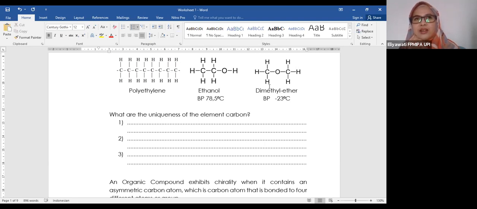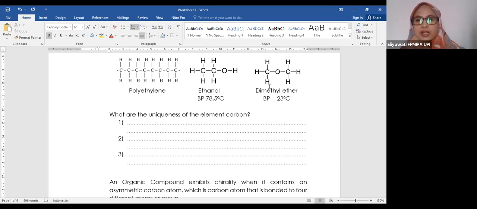It can differ from another kind of substance. For example, sulfuric acid is not organic chemistry because it does not include carbon element in the compound.